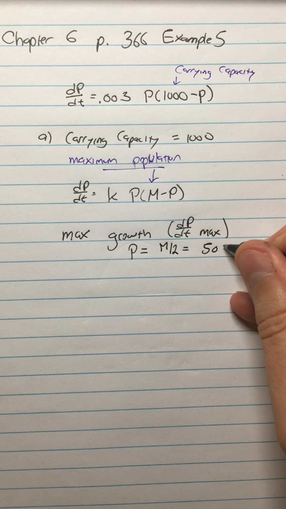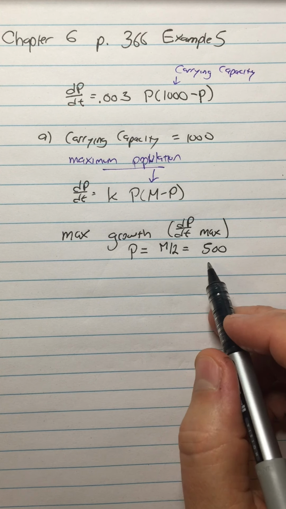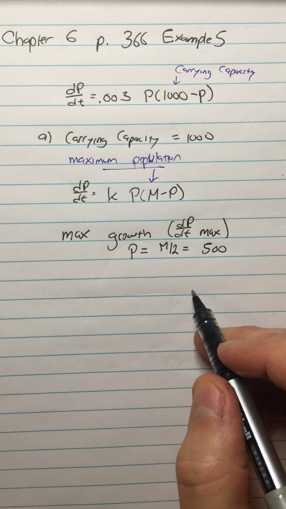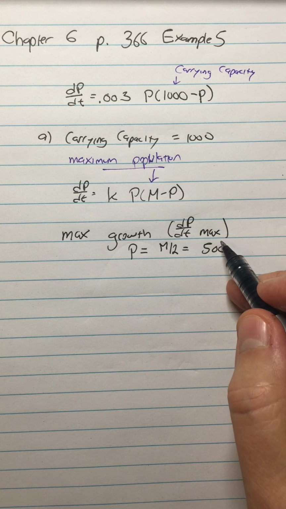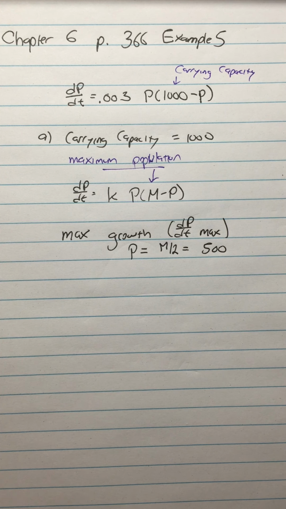So when there are 500 moose, that's when the population is going to increase the most rapidly. Less than 500 moose, there's not enough of them to reproduce rapidly. More than 500 moose, they're approaching carrying capacity, so they're going to start dying off of disease and food shortages and such. Not pleasant, but hey, it's biology.